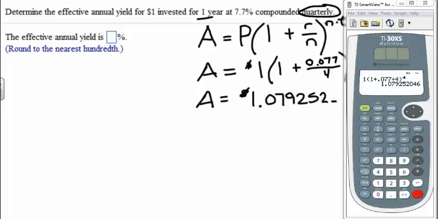Now to figure out the interest on that compounded interest problem, we have to take the interest, and that would be equal to the amount or the balance minus the original principal.